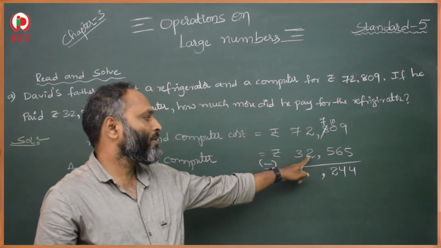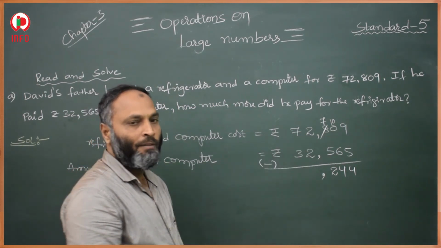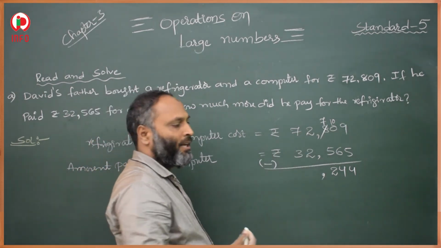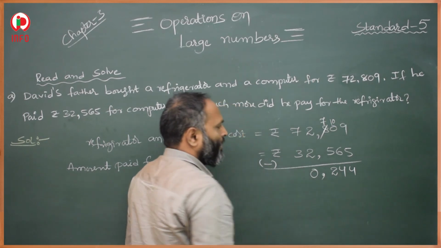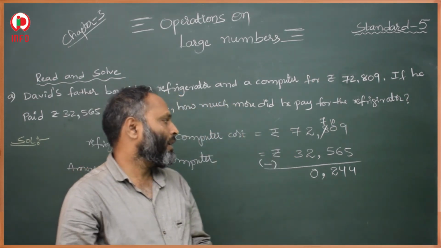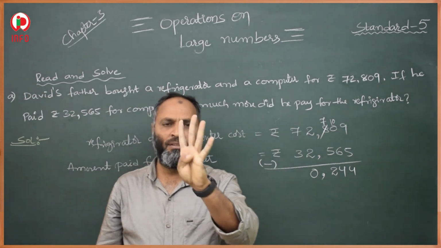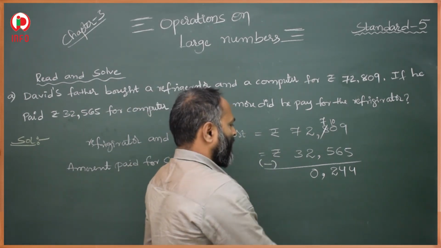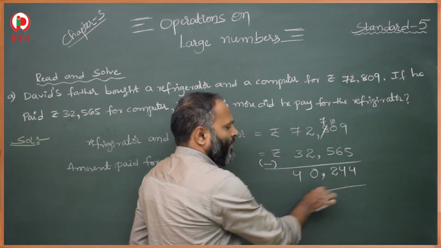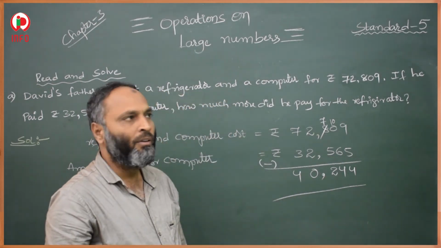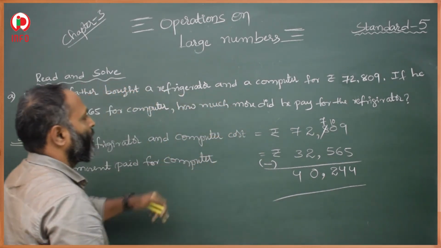Then 2 minus 2, same number minus same number, the answer is 0. Then 7 minus 3. From 4 to 7 we have to count: 4, 5, 6, 7, that is 4. The answer is 40,244.